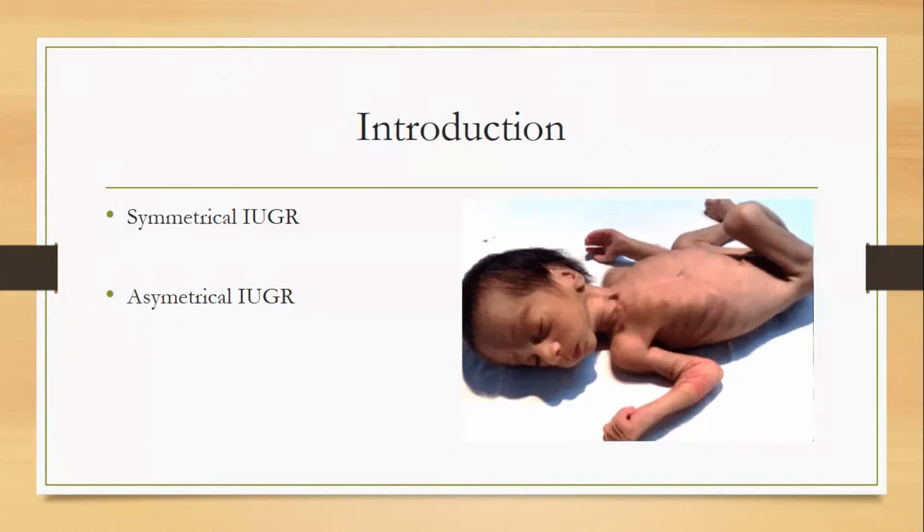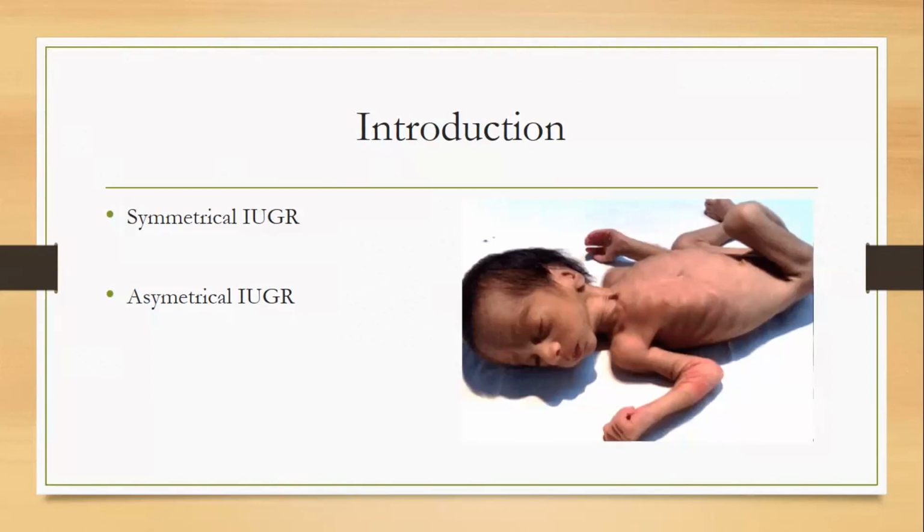All right. So I said we divide these infants into symmetrical IUGR and asymmetrical IUGR. If the head circumference and the weight are both below the 10th percentile, then it is symmetrical; if the head is spared and the weight is below the 10th percentile, then that's asymmetrical IUGR.